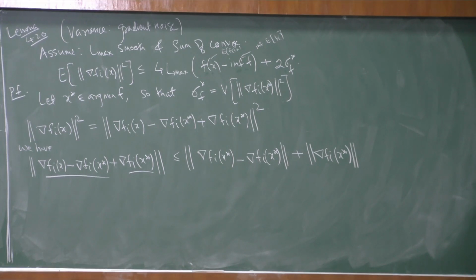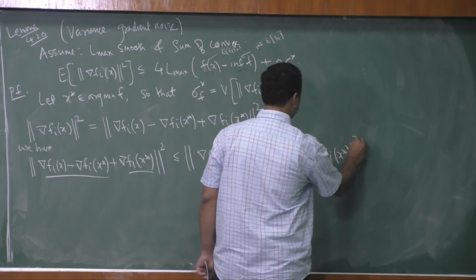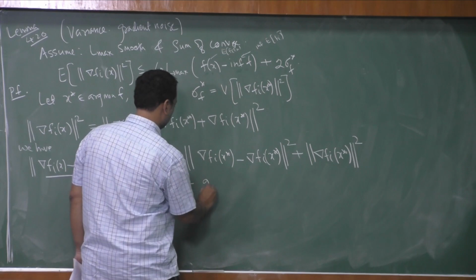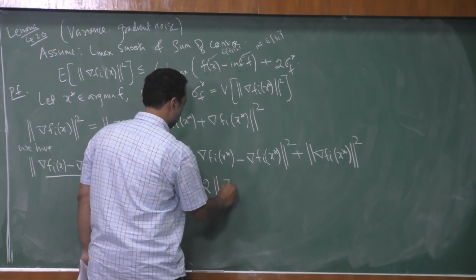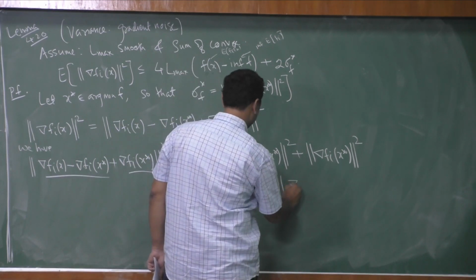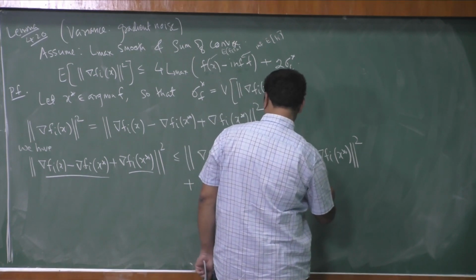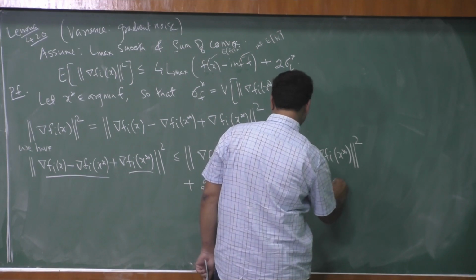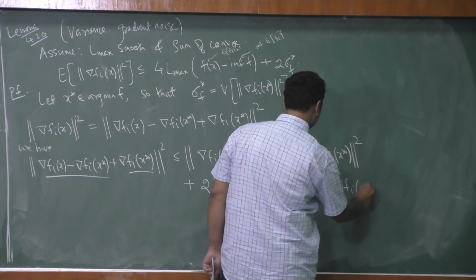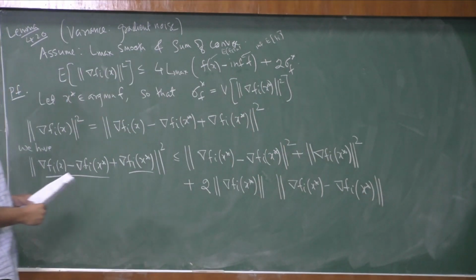We can definitely square it, because everything is positive. So if we square it, the whole thing is squared: this square, plus 2 times the product of the two terms, plus the other term squared.